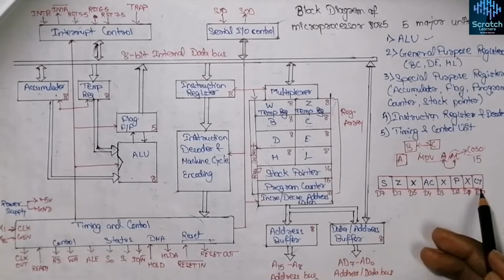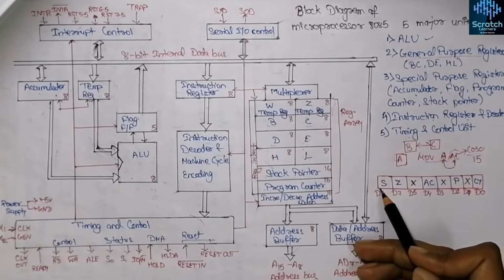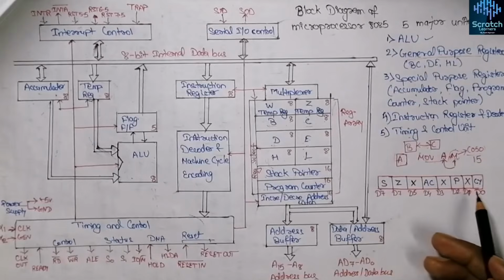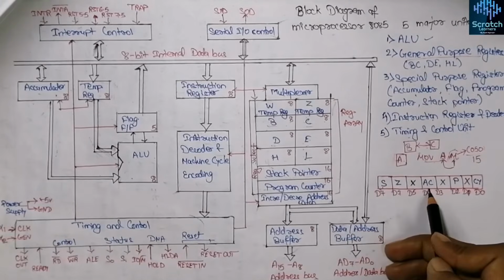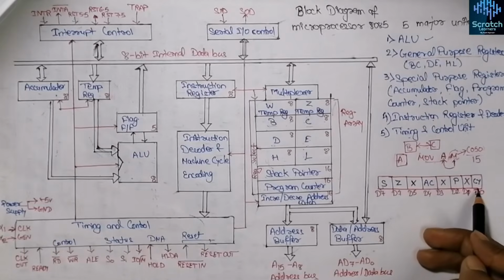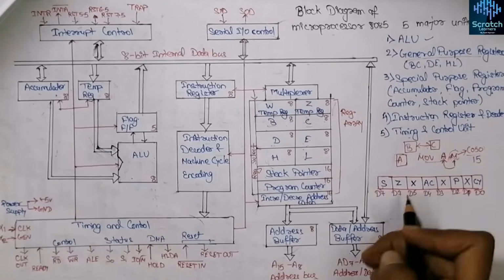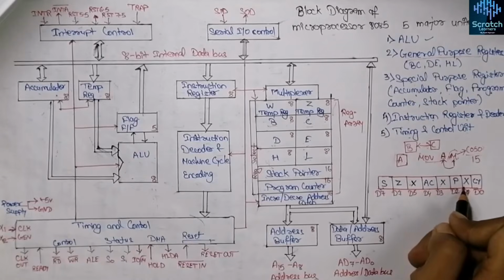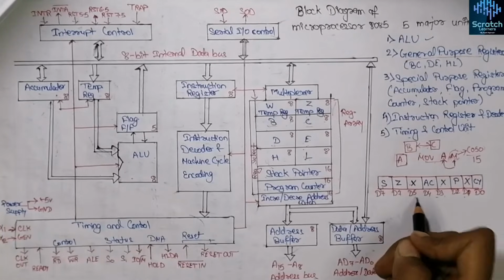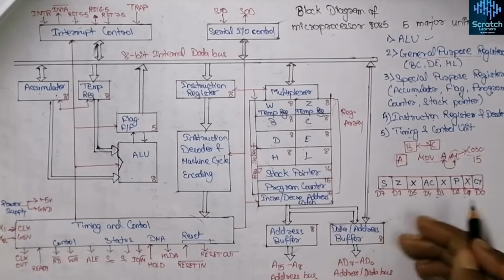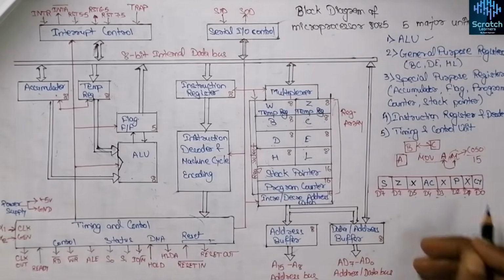Although the flag register is of 8 bits, there are only 5 flags being used and these are the sign flag, zero flag, auxiliary carry, parity and the carry flag. The remaining 3 bits, that is bits D1, D3 and D5 of the flag register, remain unassigned. So they are of no use.